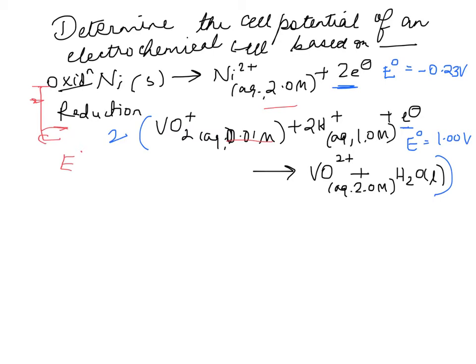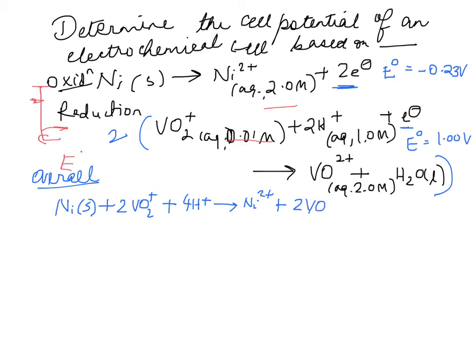So your overall reaction is going to look like nickel solid plus 2 VO2 plus, plus 4 protons gives you nickel 2 plus, plus 2 VO 2 plus, plus 2 H2O. And the 2 electrons are going to cancel out, which is why I'm not writing that.